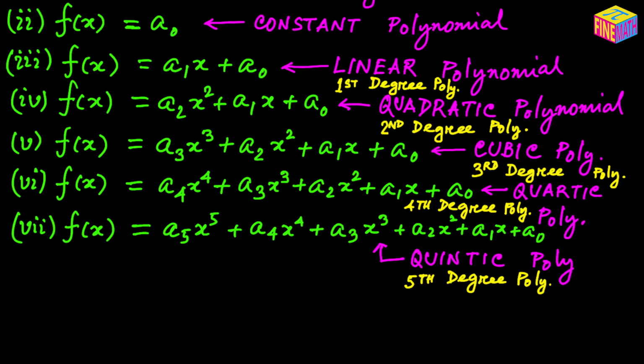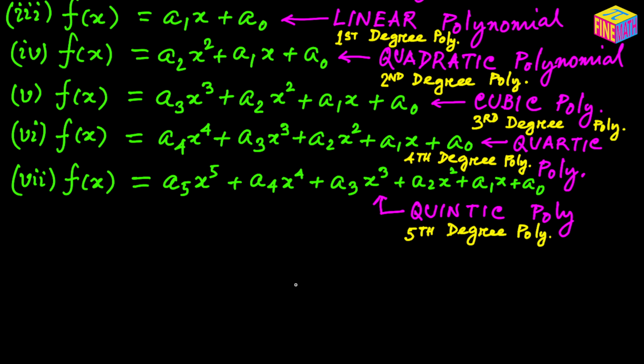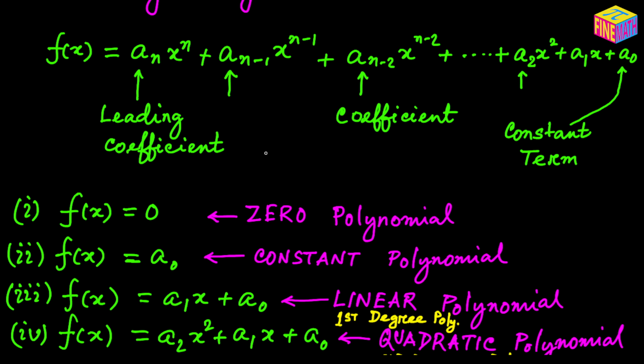So similarly, depending on the highest power of x in the polynomial function, the polynomial can be called a 5th degree polynomial or 6th degree or 7th degree or 8th degree, like that. One more important thing that I should have mentioned upfront is that the value of n must be a non-negative integer. So here I'm going to put a quick note.